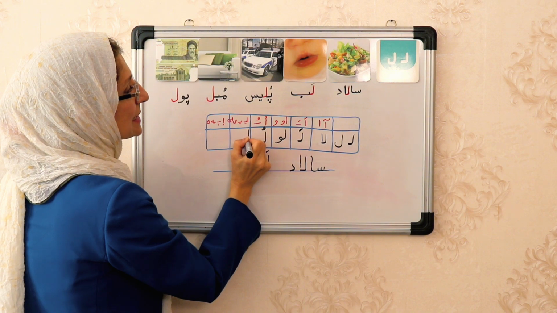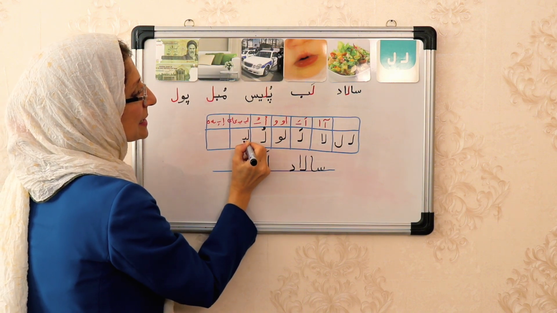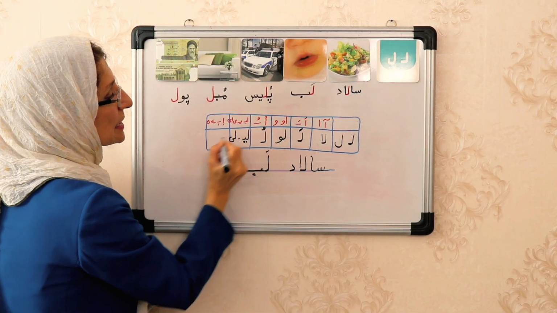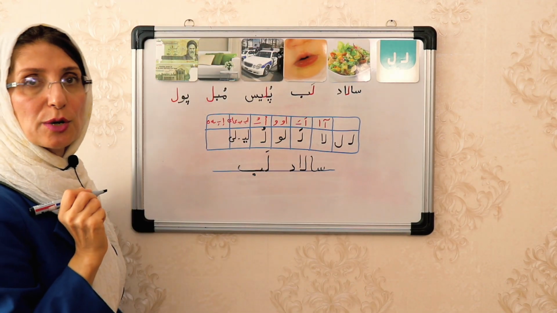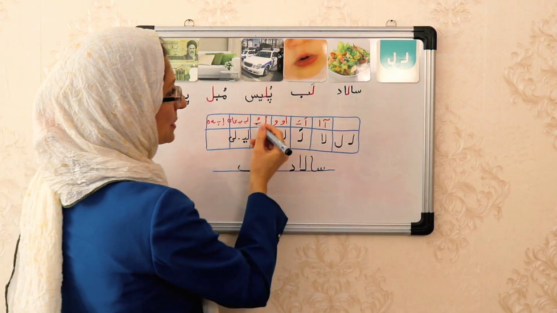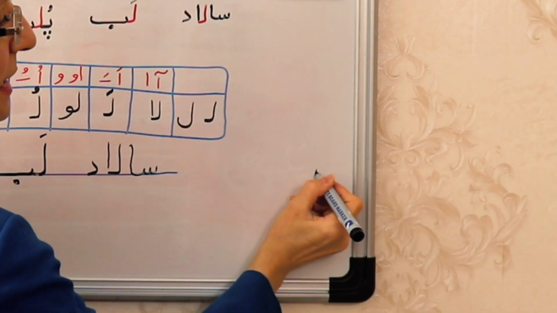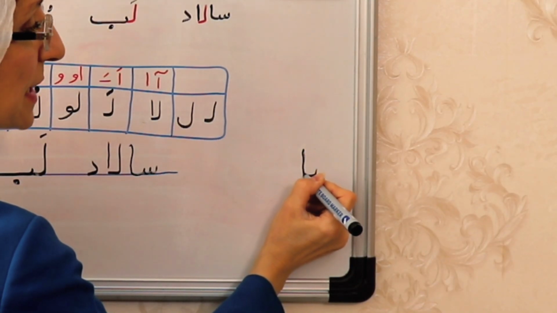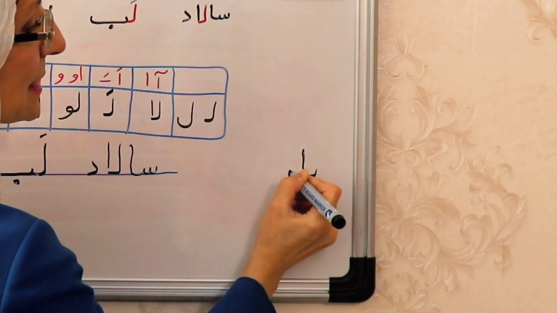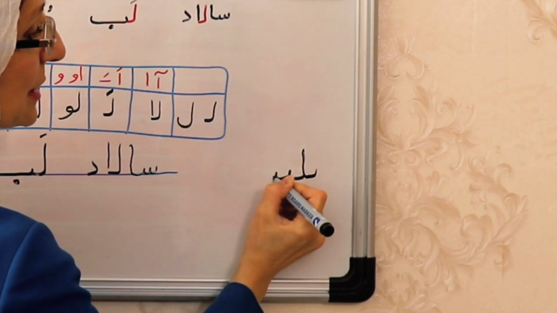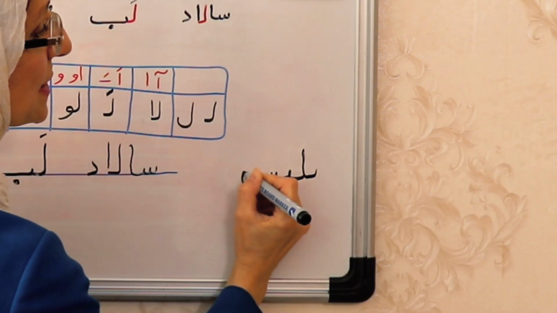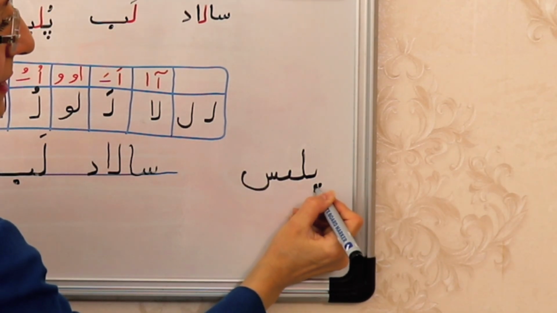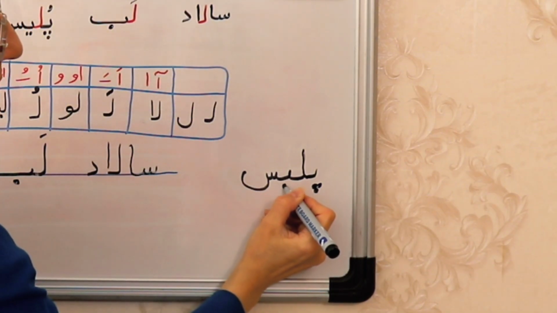Le and e will be li. The second form will be li. We have li in the word police. Look the way I write police. Write the tooth for pe, go up, come down and write le, then the tooth for e and 3 teeth for sin and return back, 3 dots for pe, 2 dots for e.